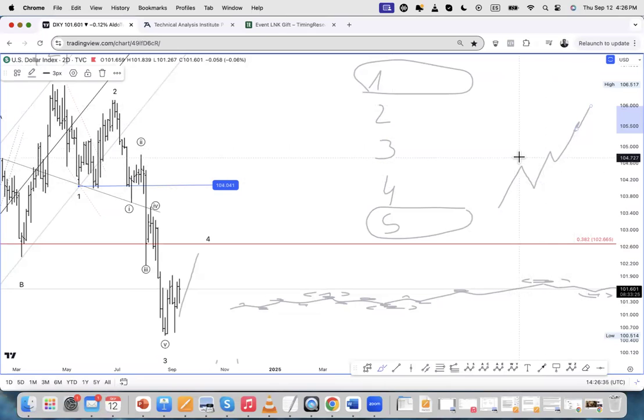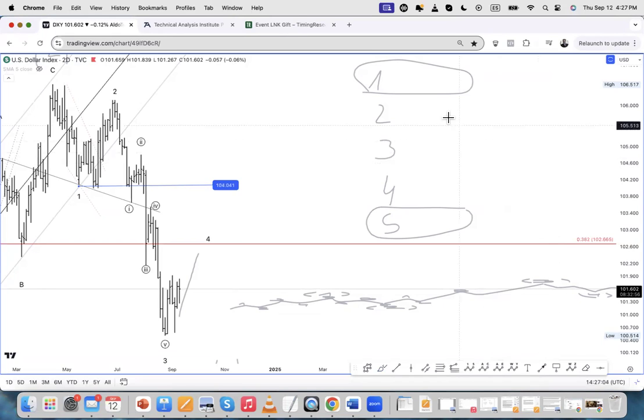Why not? Because wave 3 of 1, 3, and 5 is the shortest. Therefore, even though it's having 5 waves, it cannot be considered as a motive wave. And so that tells you that having 5 waves in one direction is not enough. Those 5 legs must follow the rules.